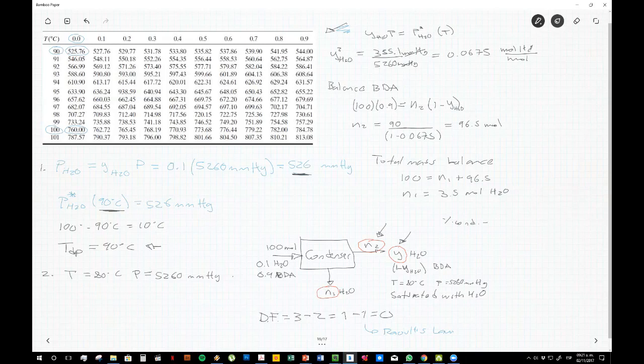So we condensed 3.5 moles of water, and we had in the air 0.1 times 100 moles. If it's a percentage it should be times 100, and the 100s cancel each other, so this is just 3.5 divided by 0.1, so the percentage of condensation is 35%.